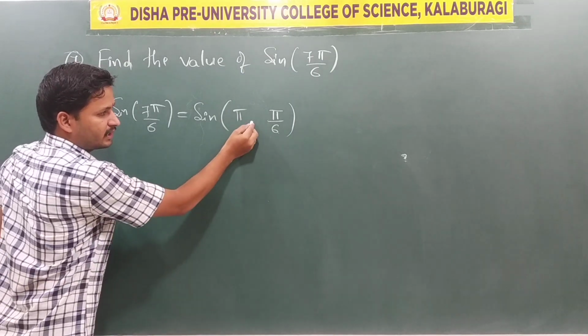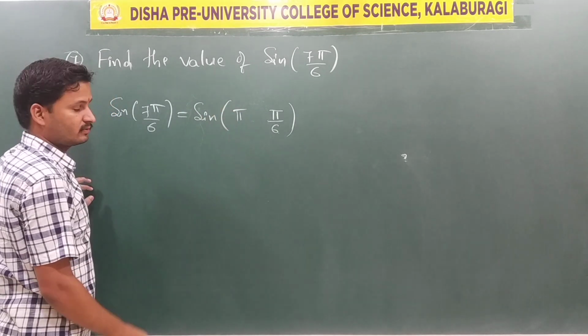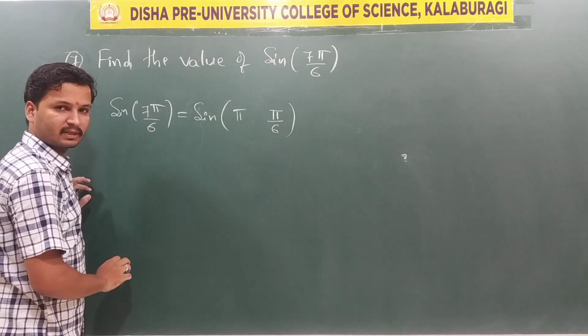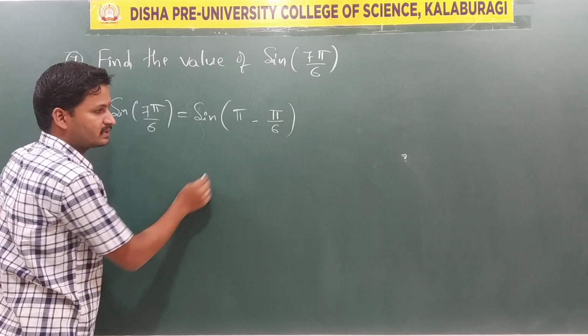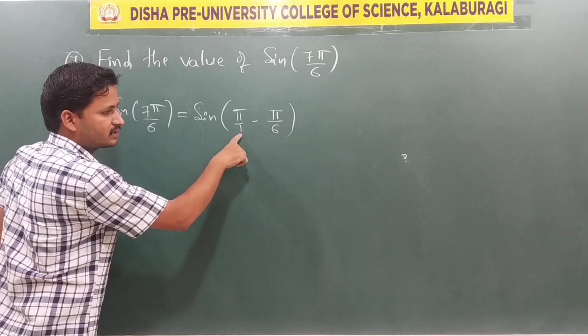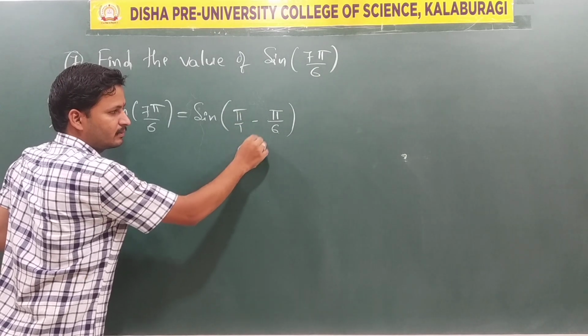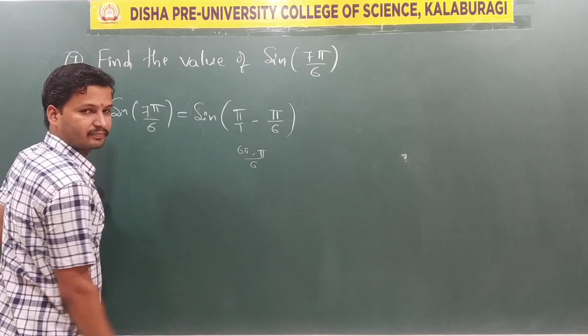So here take an operation, that means either plus or minus. For what operation do we get 7 pi by 6? Just take here a minus sign. What will happen? Pi divided by 1, so LCM is 6. So 6 into pi, 6 pi minus pi, so that is 5 pi by 6.